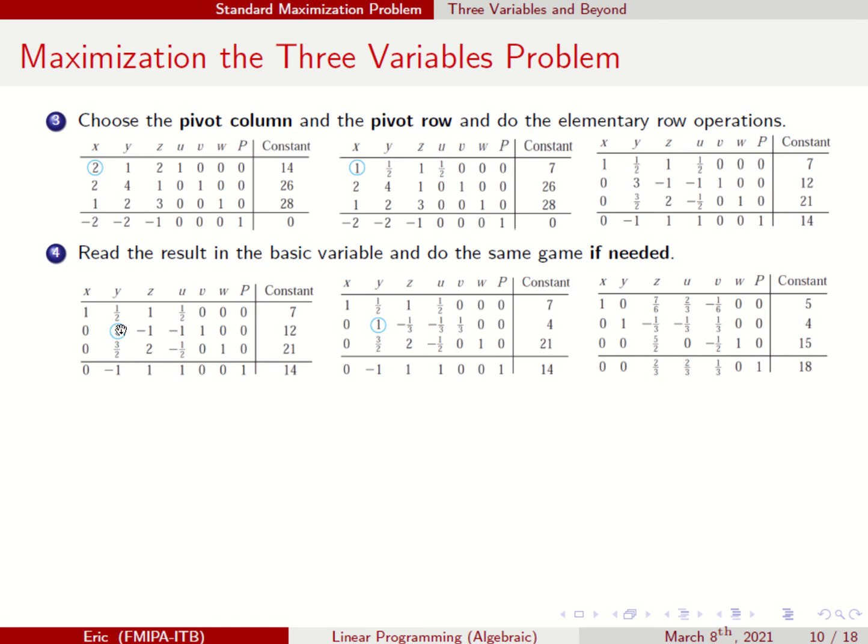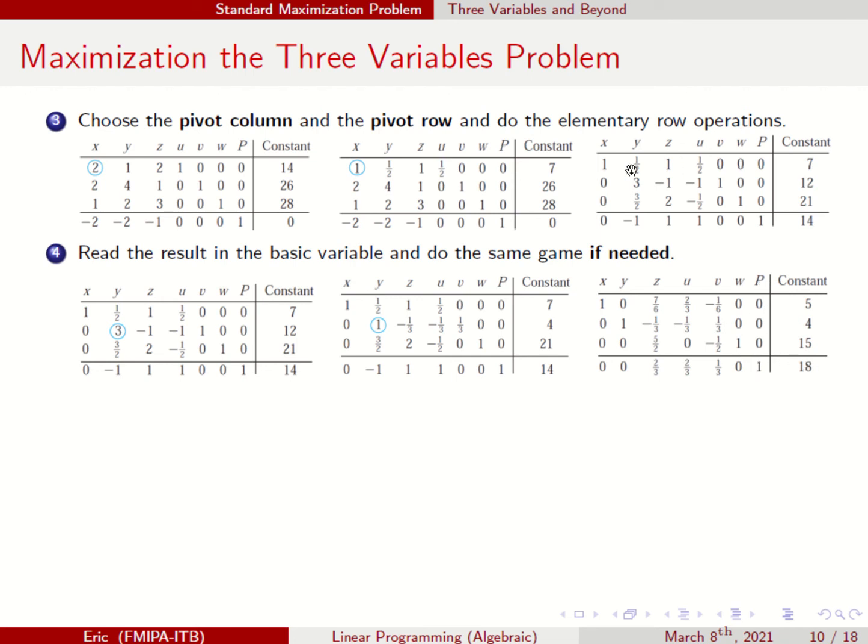So the smallest ratio is this one. I choose this as my pivot element, bring this into 1, and bring the others into 0. So you can read this: x equals 5, y equals 4, z is a non-basic variable so z equals 0, and the profit will give you 18.